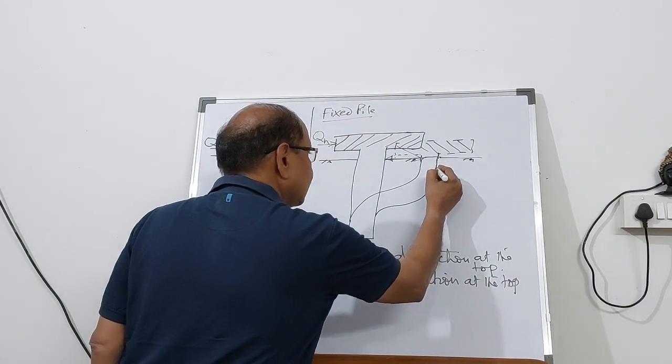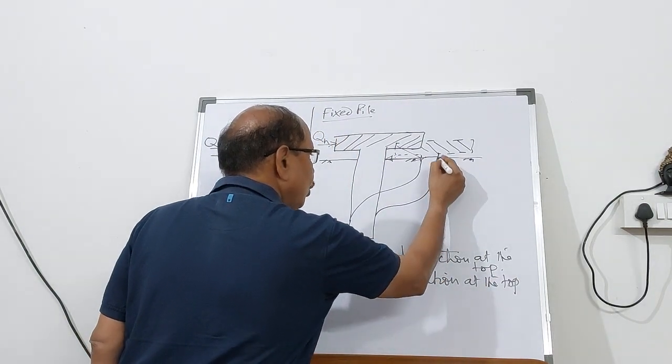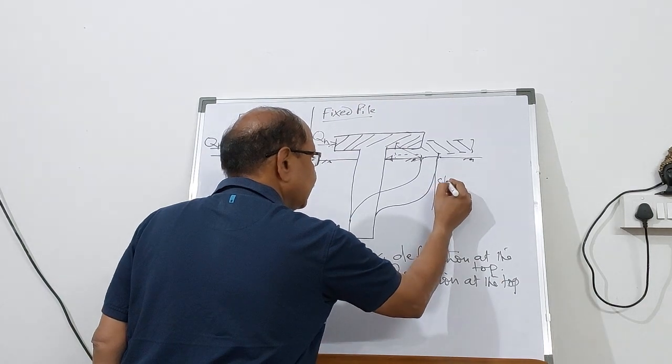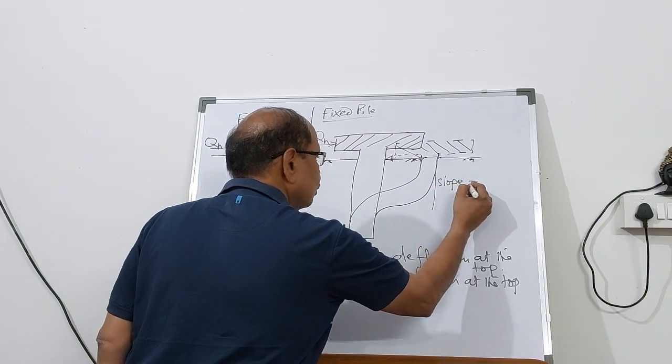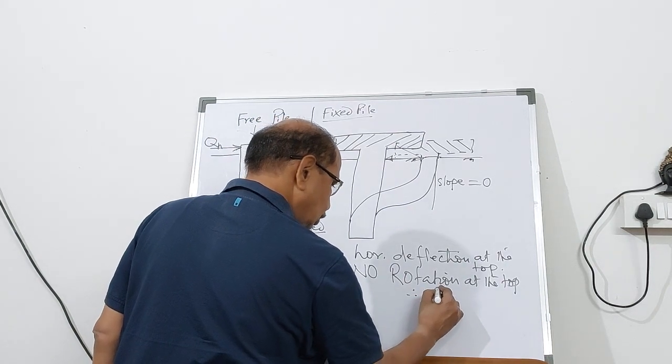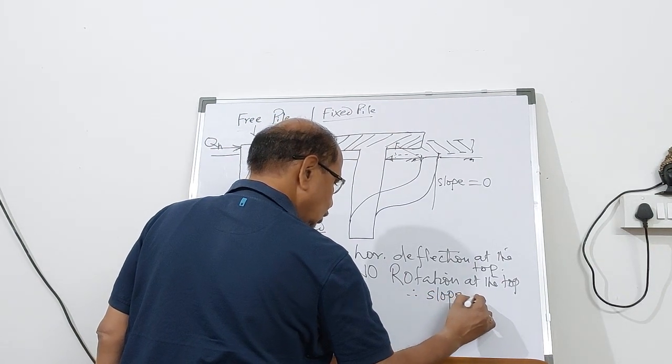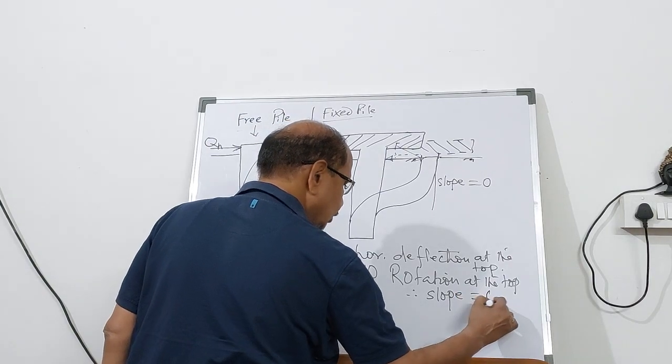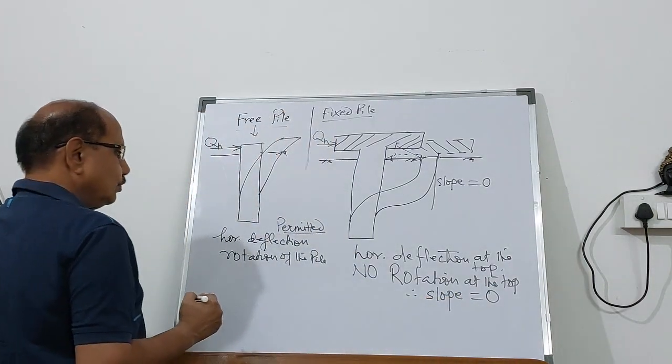So here at the top, if you draw a horizontal line, the slope will be 0. Therefore, slope at the top is going to be 0.